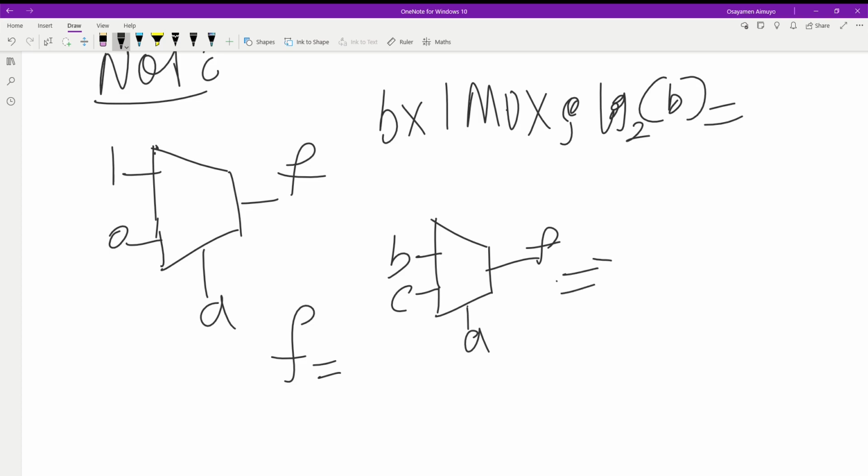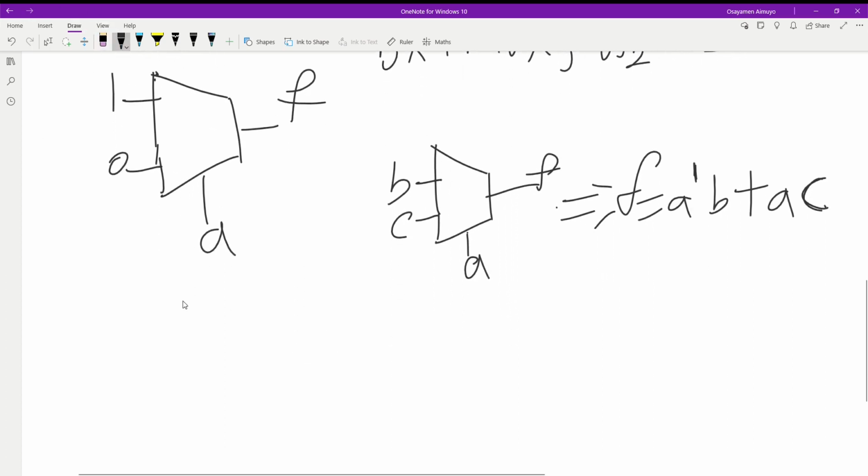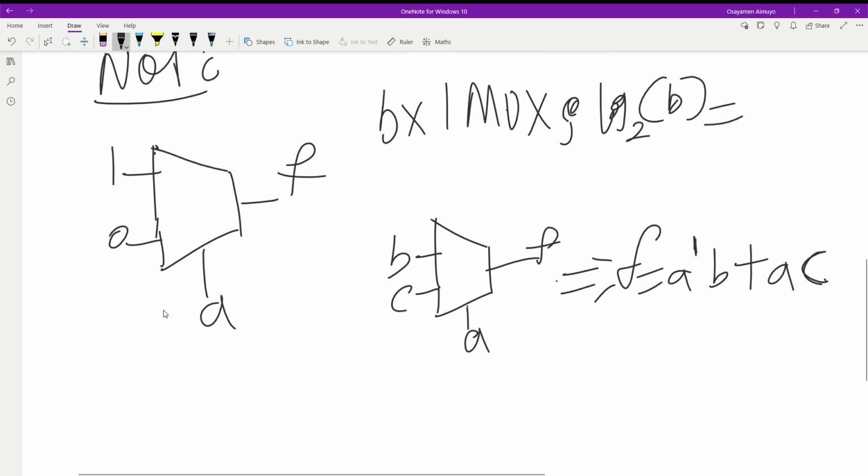So the equation here is f is equal to a bar b or a c. Notice how if a is 0, you get b. If a is 1, you get c. Awesome. So now, with that being said, let us get the NOT conversion for the 2 by 1 mux.